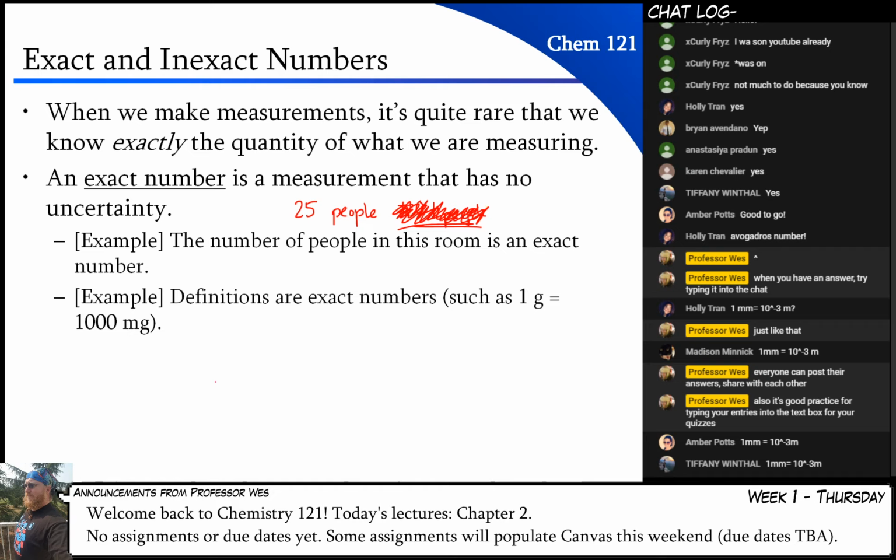The next thing that we would determine to be an exact number is just something that I say is an exact number. We're allowed to declare, by definition, numbers that are exact quantities. For example, in the previous slide, we said that a gram and a milligram are related by the factor 10 to the minus 3. So we said this.